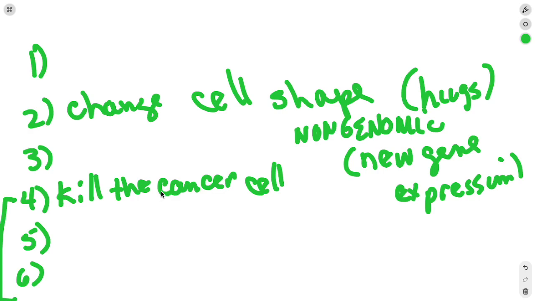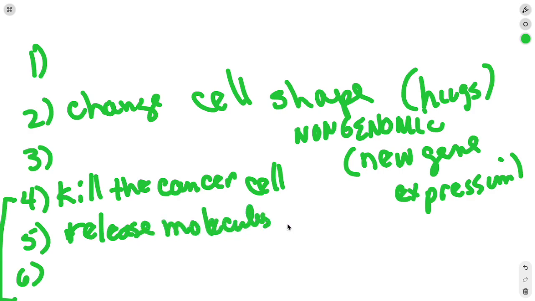That's its function. We're going to activate it, and it's going to kill it, and there are several parts of that killing. One of them is that it's going to release molecules that actually kill the cell.